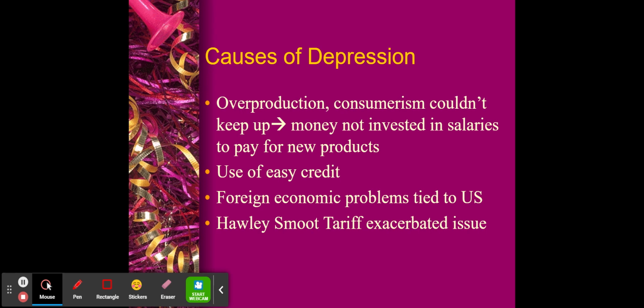If we're not investing in these and there's no money to be had, the worry is like, well, what if foreign competition is going to put even more businesses out of business? And so Congress had passed the Hawley Smoot tariff, a really high tariff, as a way to hopefully protect American businesses so that you would be more likely to buy American made goods than maybe those foreign made goods.